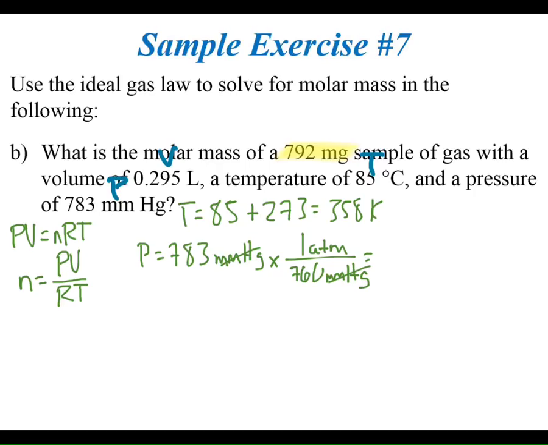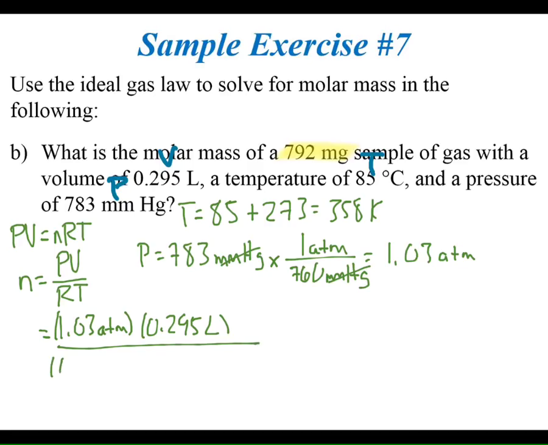What's that give us here? 1.03 atmospheres. Okay, so P is 1.03 atmospheres. V is 0.295 liters.